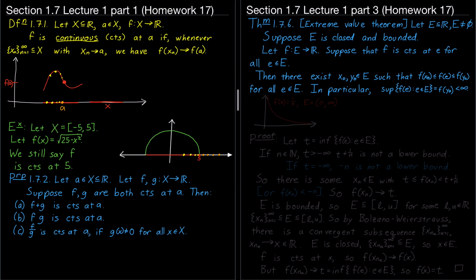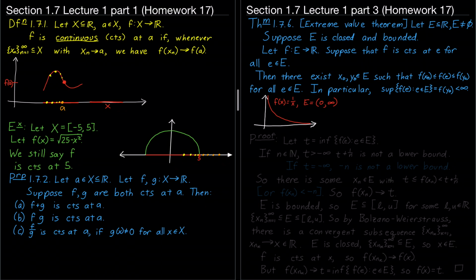So let me draw this picture for you. Take a function on an open interval, something like f of x equals 1 over x, where E is a non-closed set, like this open interval from 0 to infinity, that can go off to infinity, so it doesn't have a maximum.